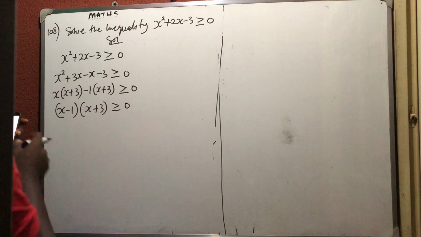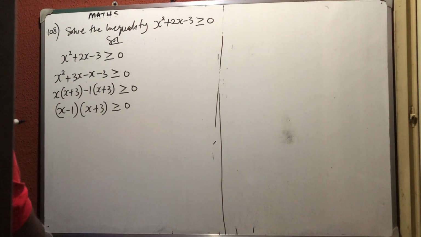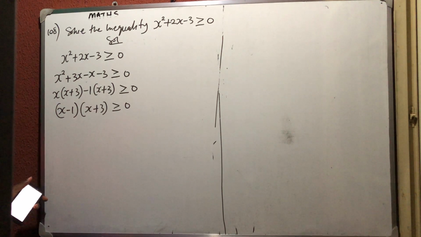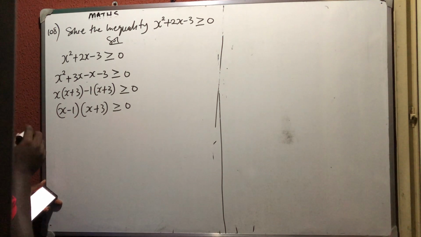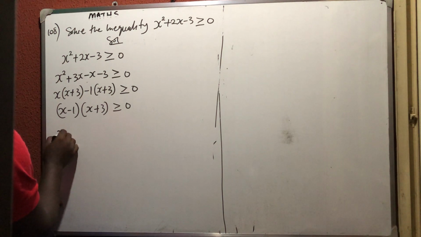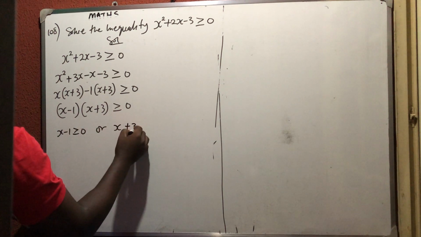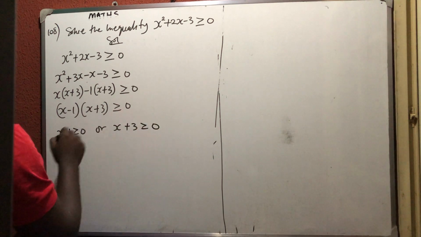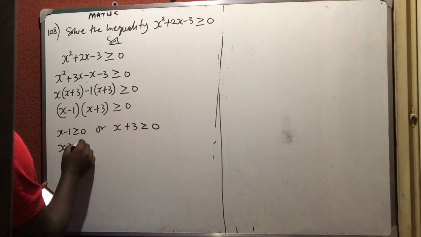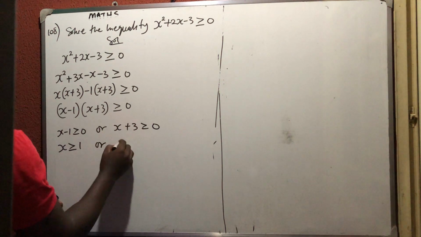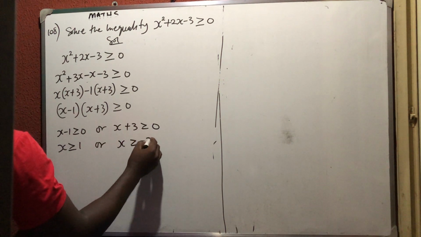Now, in this thing, we have different cases in this particular thing. So what do we say now? Okay, let's say that x minus 1 is greater than or equal to 0, or x plus 3 is greater than or equal to 0. So what we have, that x is greater than or equal to 1, or x is greater than or equal to minus 3.